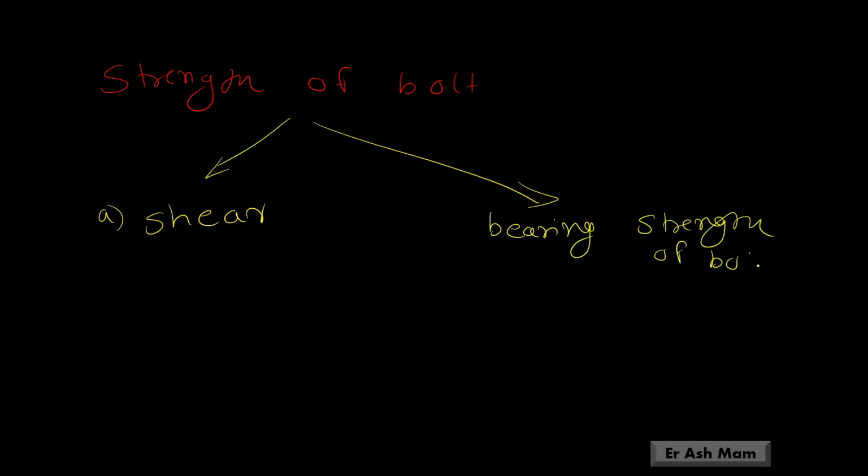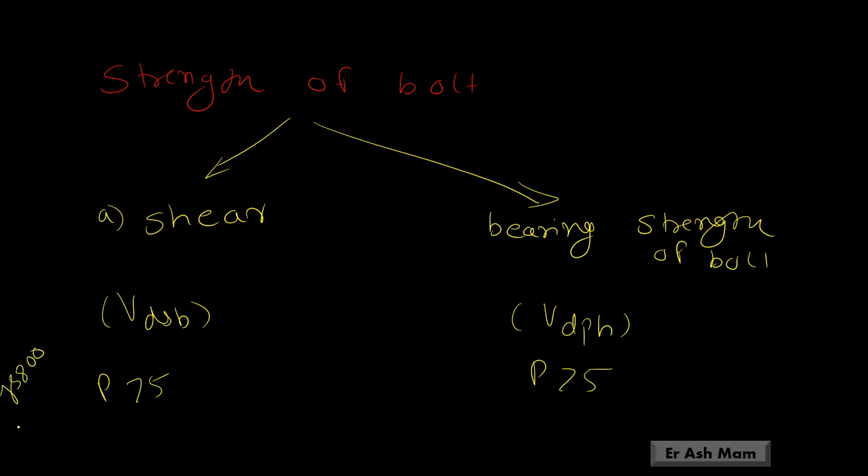Design shear strength of bolt is denoted by symbol VDSB, page number 75, and bearing strength VDPB, again page number 75, IS 800.